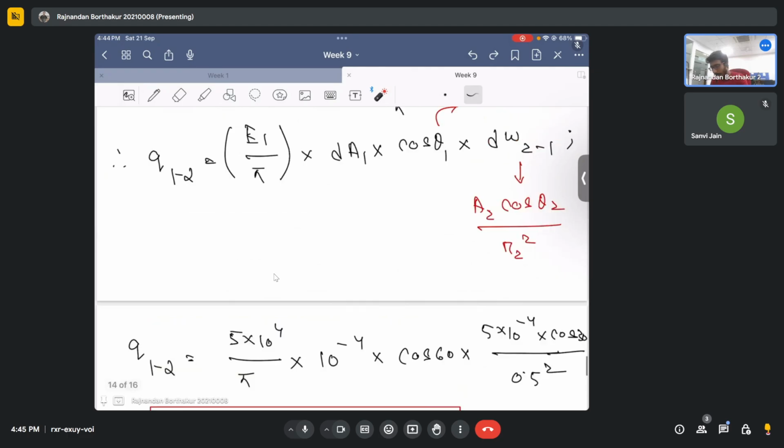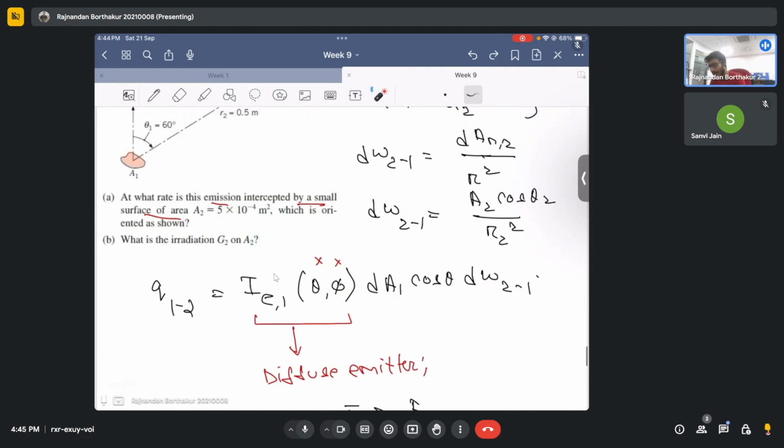See, so how did you do this? We started from the basic definition of the radiant energy emitted by surface 1 that is intercepted by surface 2 in terms of the intensity of radiation, and we saw that if it's a diffuse body, the intensity of radiation times pi is basically the emissive power. So you can just write this in terms of the emissive power for a diffuse body, and this is nothing but the hemispherical emissive power.